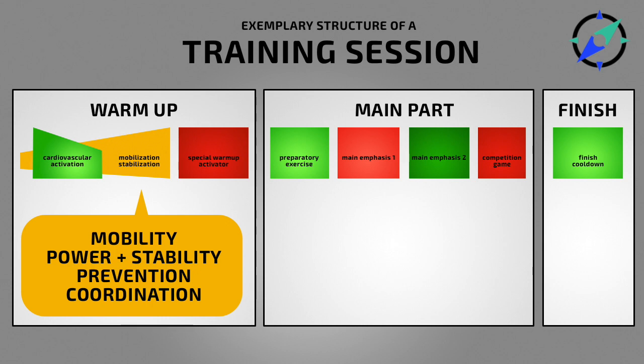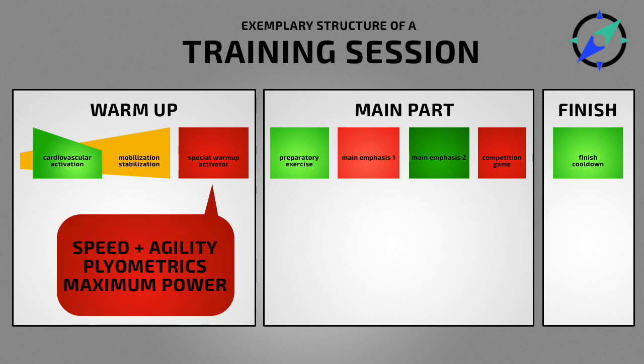You can even start with this part in the beginning of the training. This is why there's a small edge in yellow right in the beginning of the practice, so you can choose for yourself: you want to start with some cardiovascular activation or the mobilization and stabilization part. Before starting the main part of your training session, there is one more thing here marked in red, so the intensity should be really high.